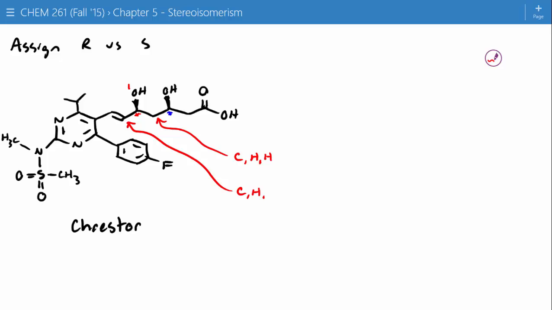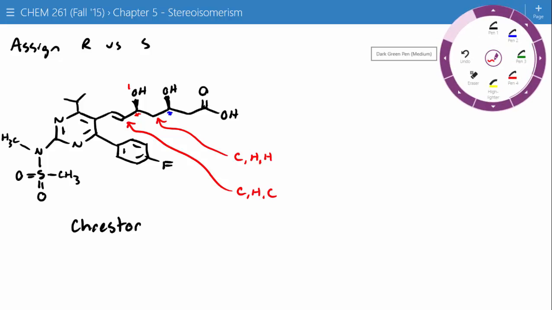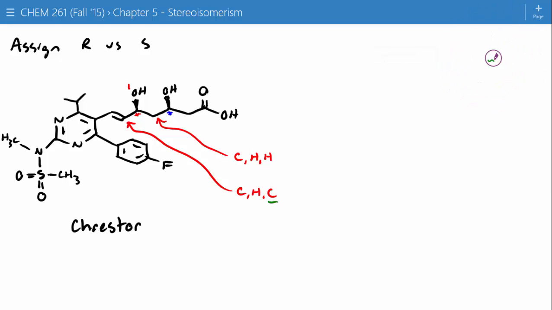So we've got a CHH. This one we have a CH. Exactly, I heard somebody say it. We've got a ghost carbon. So if we look at it, this carbon, which is over here, actually gets counted twice. Whereas with this carbon, over on the right-hand side, we're actually just counting this carbon.